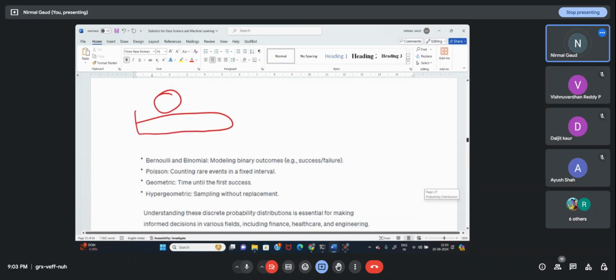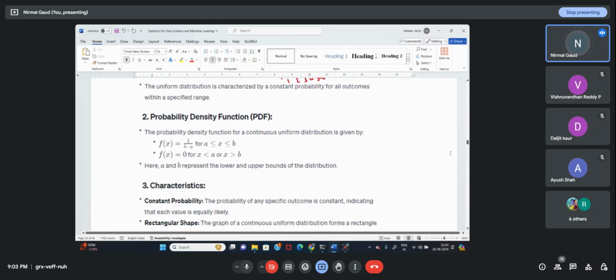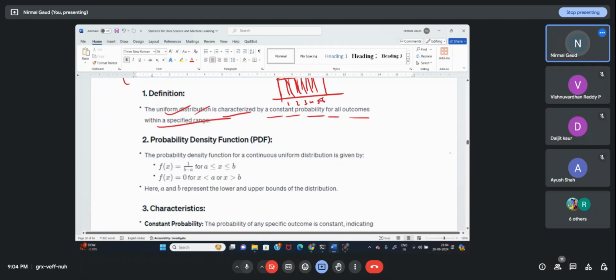Uniform distribution is characterized by a constant probability for all outcomes within a specific range. The probability is constant within a specific range.